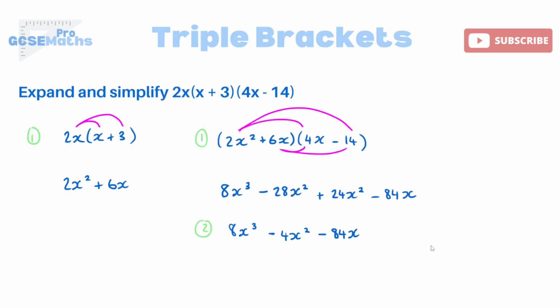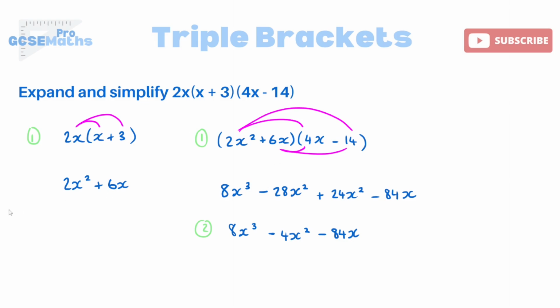So in this case, we have ended up with a cubic answer. It is still a cubic because the highest power of x is 3. But we've ended up with not only 1 fewer term, we've got 3 terms instead, because obviously we're missing kind of like a term up here, aren't we, in that bracket that isn't there. And also we don't have a term that's just a number, because again, as I said, we multiplied everything by x.